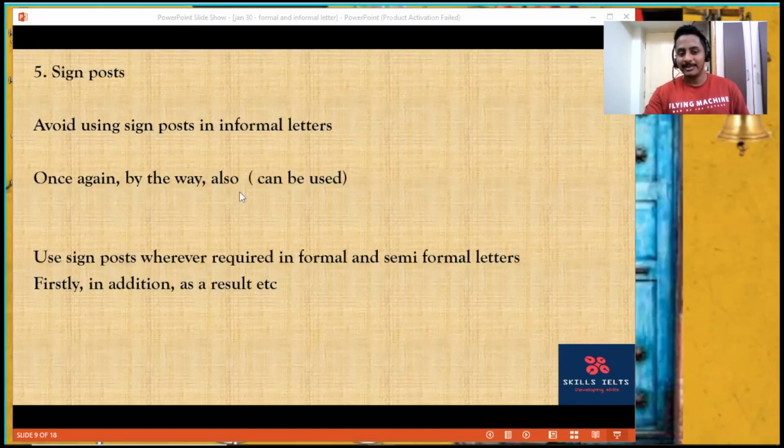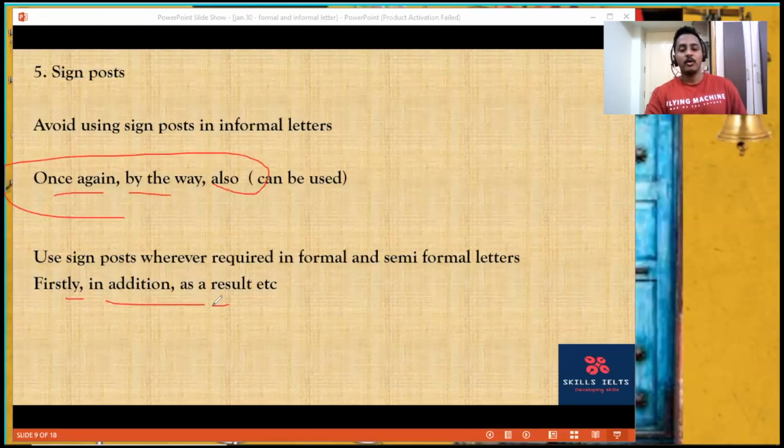Once again, by the way, also, these kinds of signposts can be used. Furthermore, I would like to thank you. Don't use that in an informal letter. When you're writing a personal letter to a friend, you can use once again, by the way, also. You cannot say firstly, in addition, as a result of. Hope you're getting it.